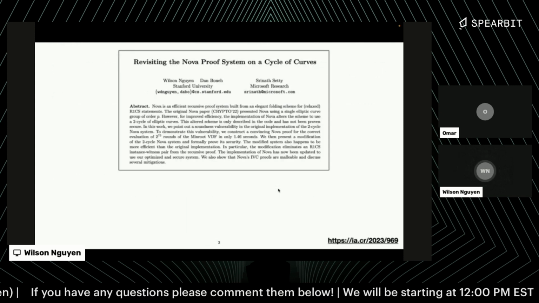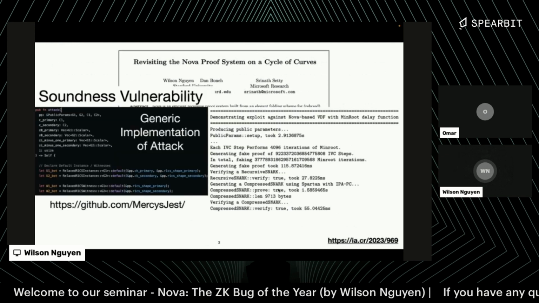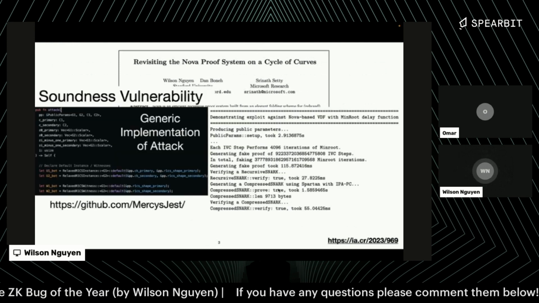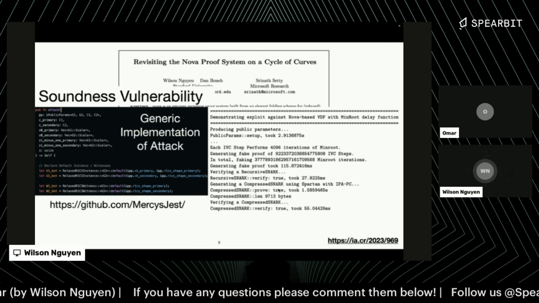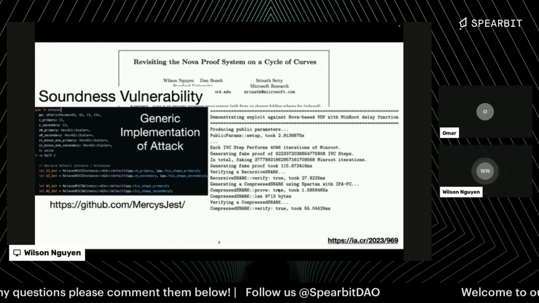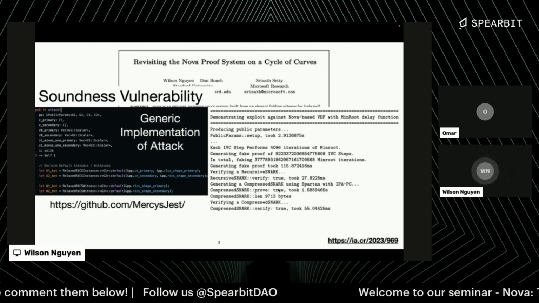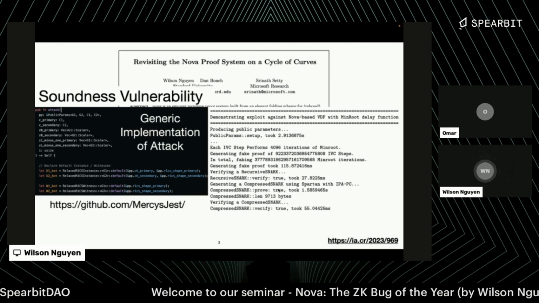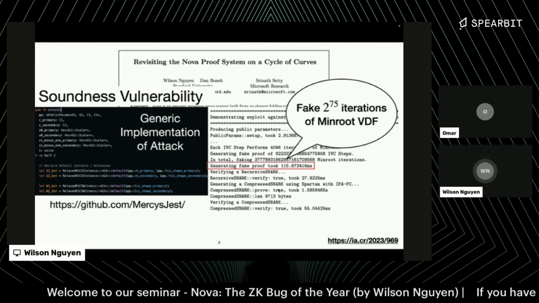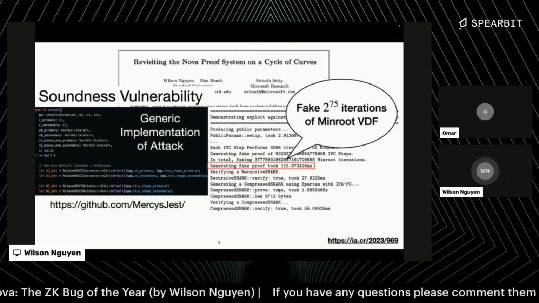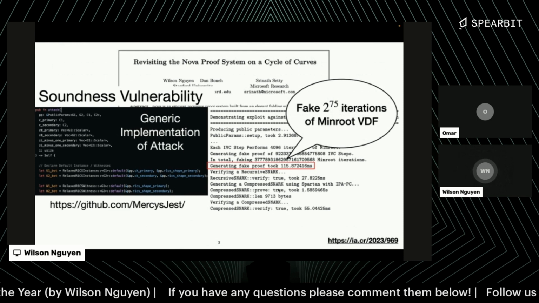So our work, in the grand context of things, describes a soundness vulnerability in the original Nova IVC implementation. We implement the attack generically for any choice of function f, whether it's a VDF or a ZK EVM, etc. And to demonstrate the vulnerability, we generate a fake proof of 2^75 iterations of the MinRoot VDF in only 116 milliseconds.